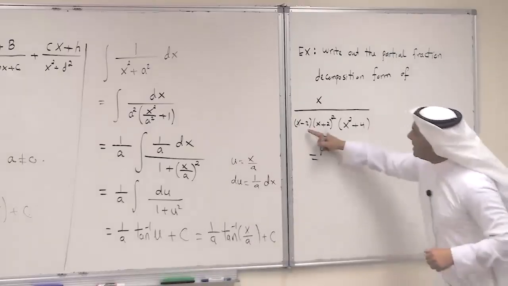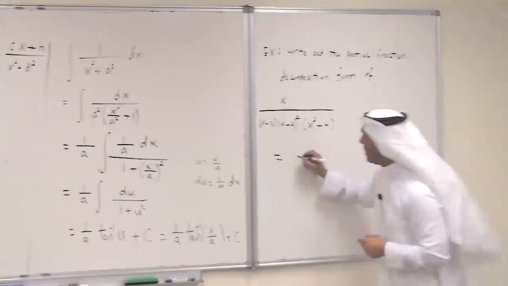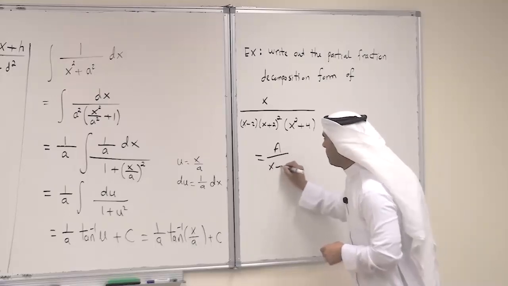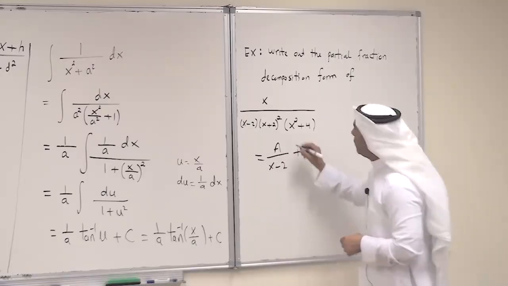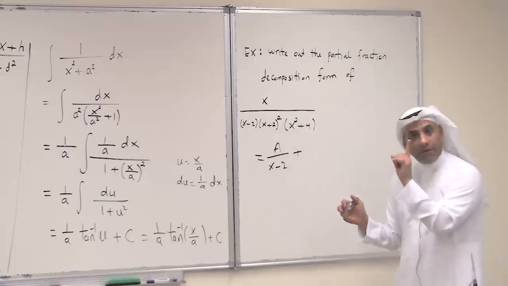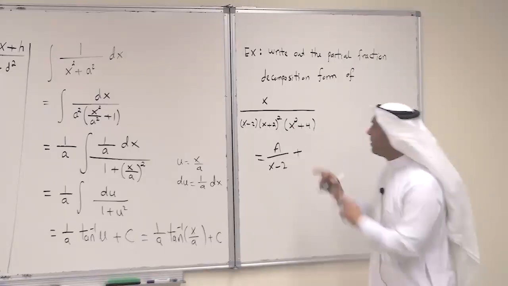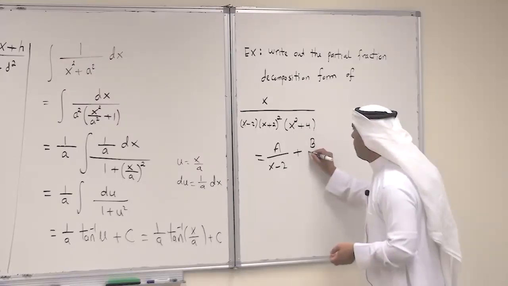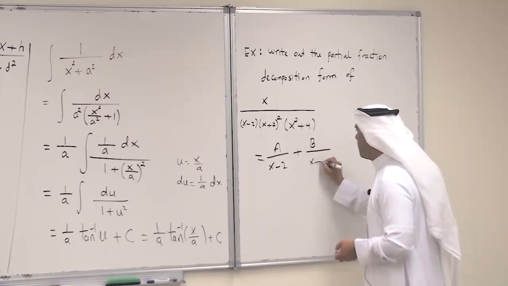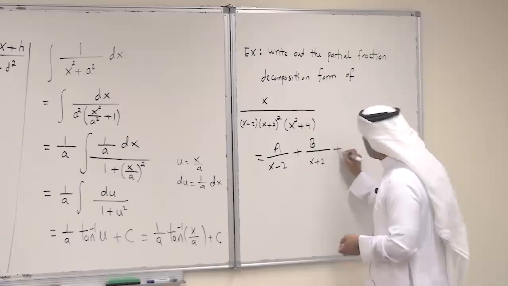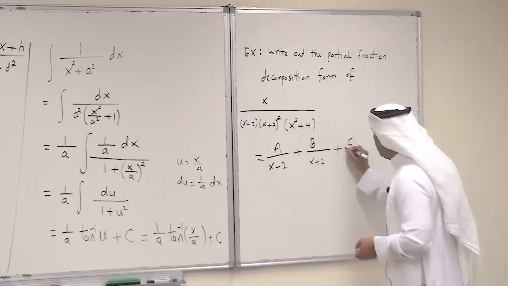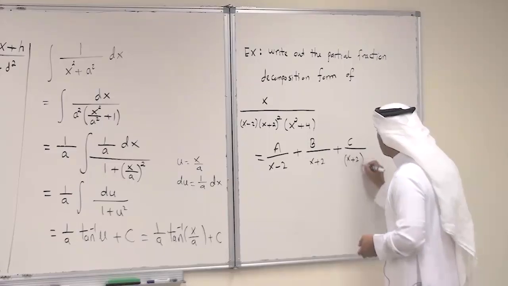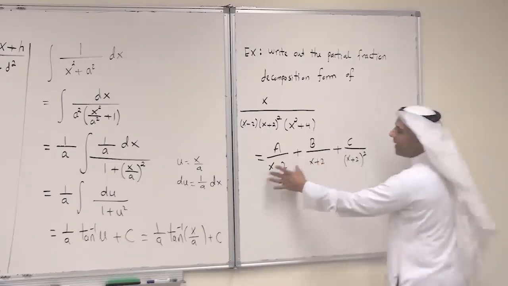Okay, this is equal to what now? We said if this is a linear factor, not repeated, so what do we need is constant only. So constant over x minus 2. Fine. Plus. When we come to the second one, this is a linear factor, but it is repeated twice. So I need two constants. Let me call them b over x plus 2 plus another constant, I will say c divided by x plus 2 all squared. This is the first case.